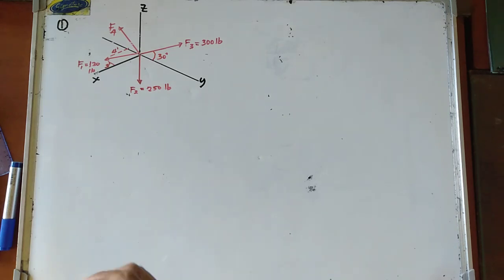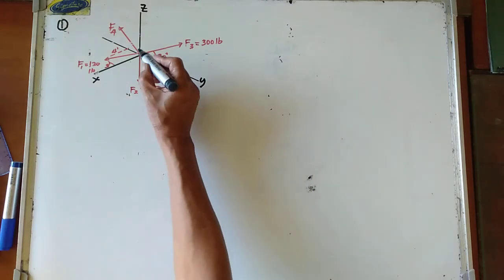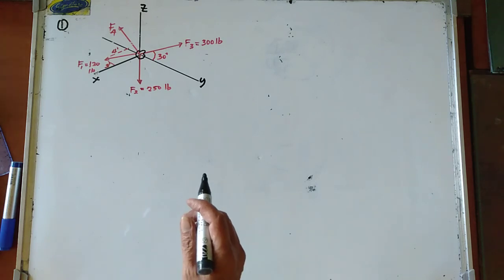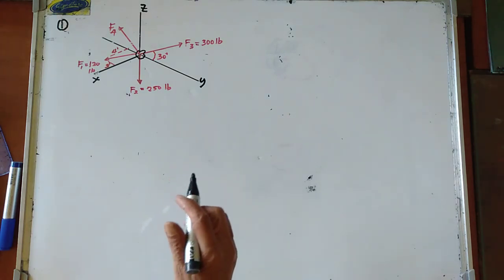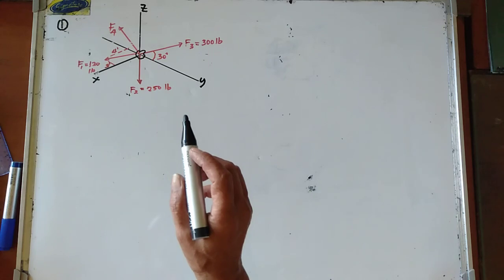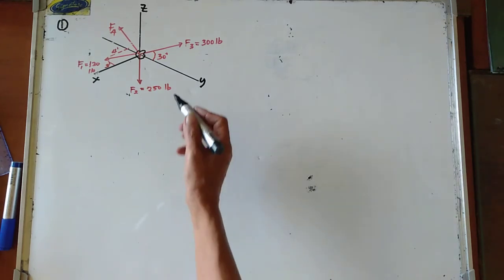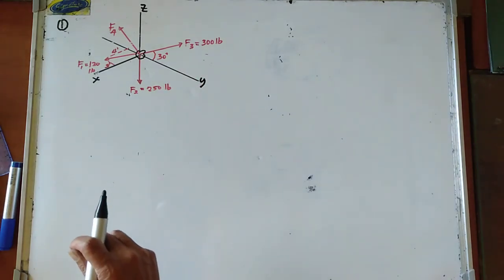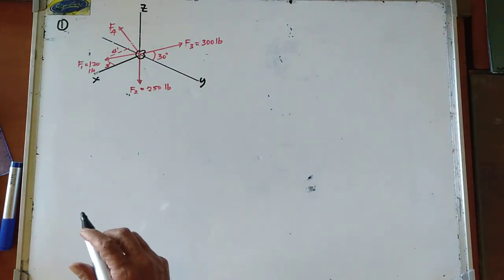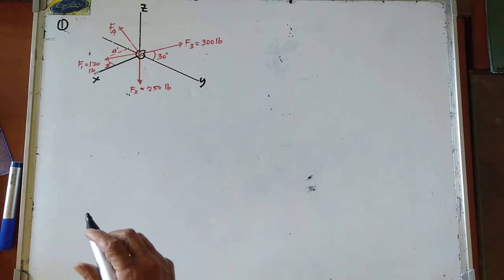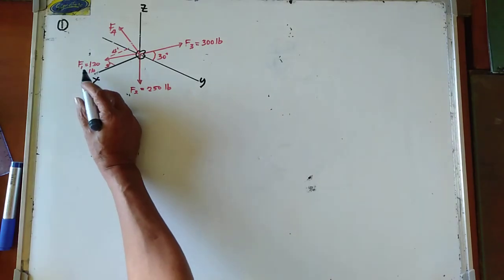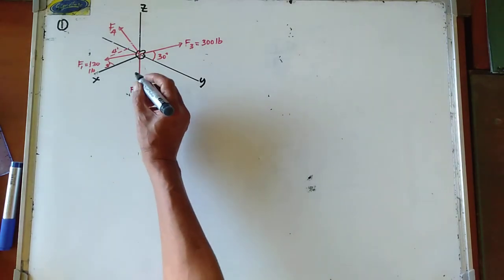Okay, for sample problem number 1, we have a particle shown in here that is in equilibrium under the action of 4 forces on the free body diagram. Determine the magnitude and the coordinate direction angles of the unknown force F4. Your F1 in here is 120 pounds.